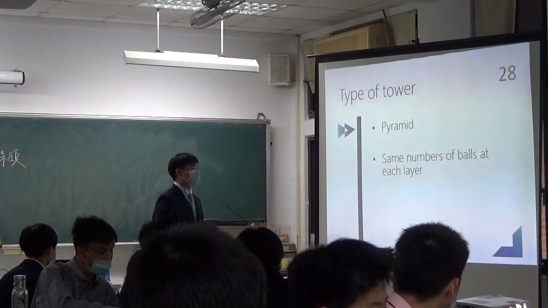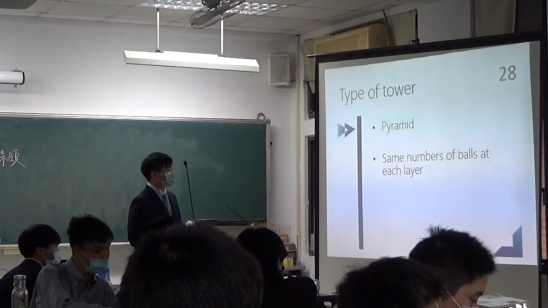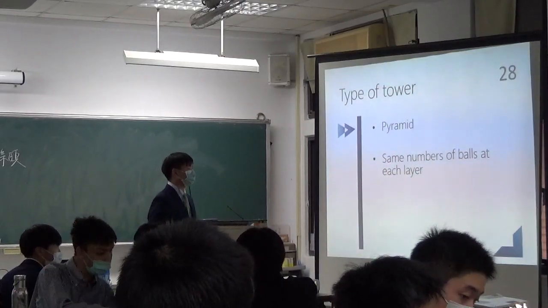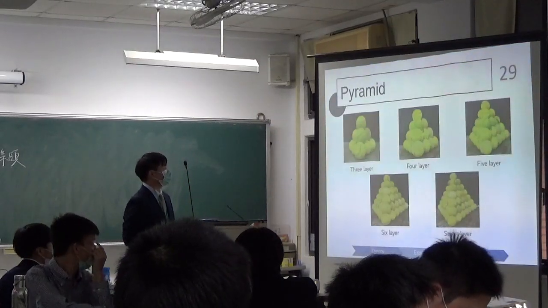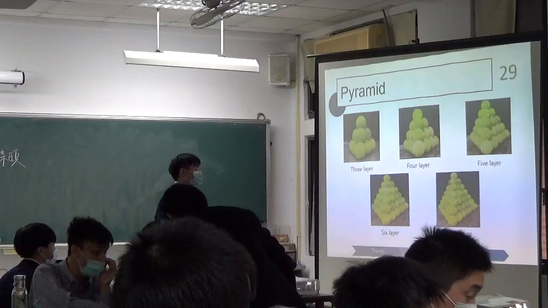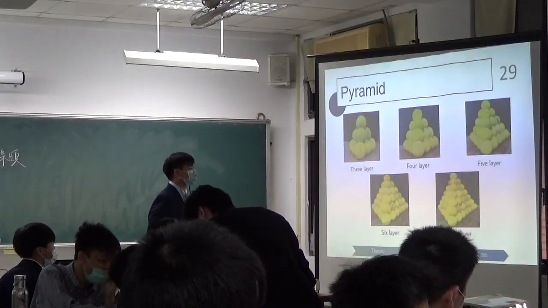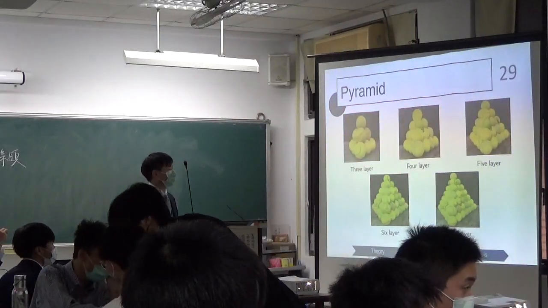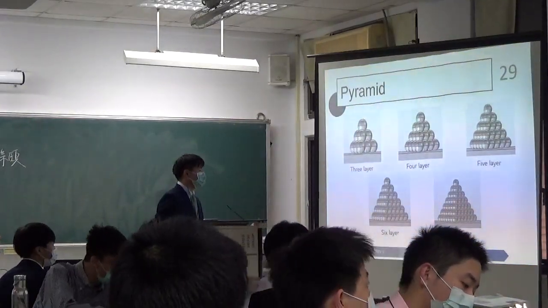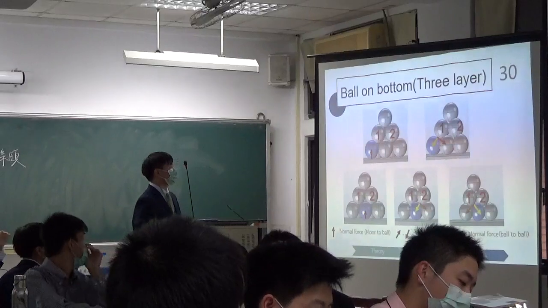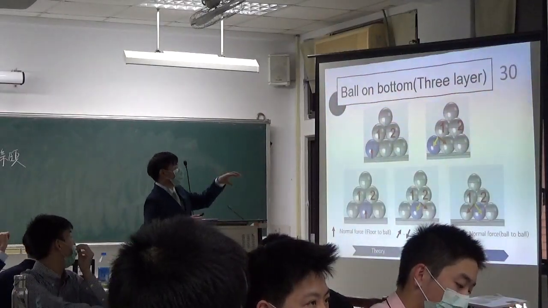First is the pyramid, and the second is the same number of balls at each layer. So this is the pyramid I built. I can use the console to build the model like this. First I will discuss the bottom layer.